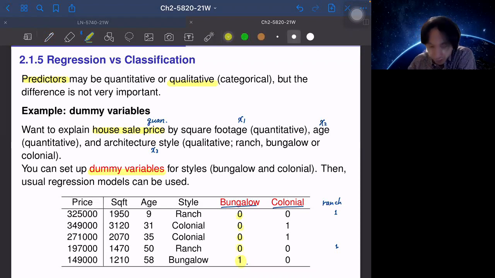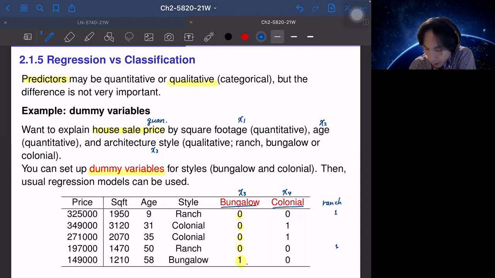And if we put this, maybe X3 here and X4 here, then X3 represents how much the price of a bungalow house compares to the price of a ranch house on average.